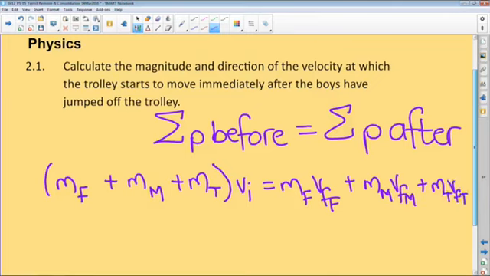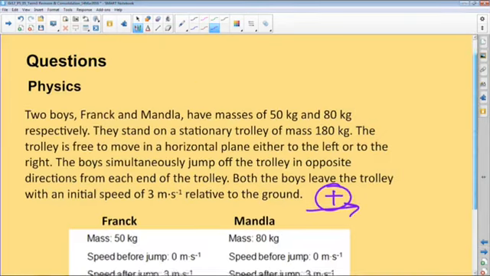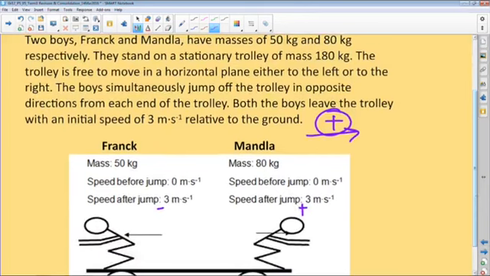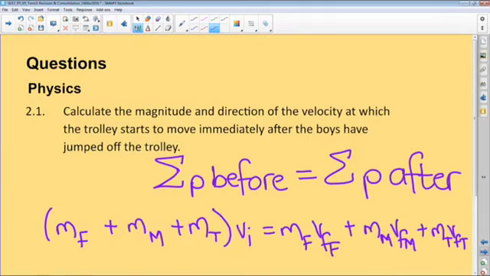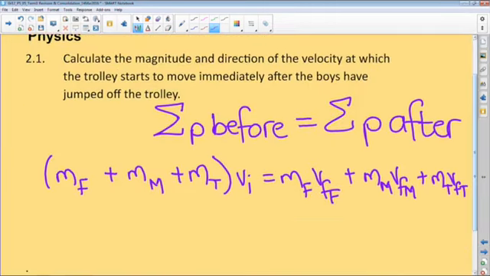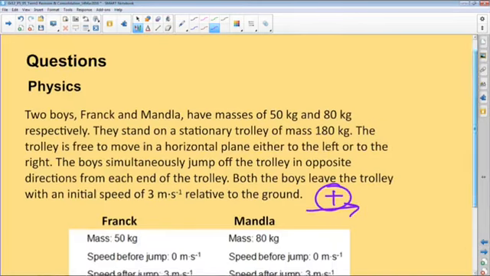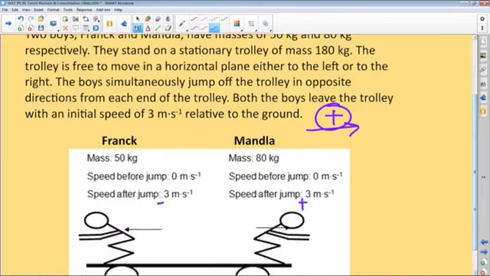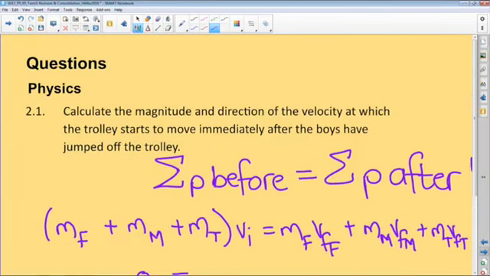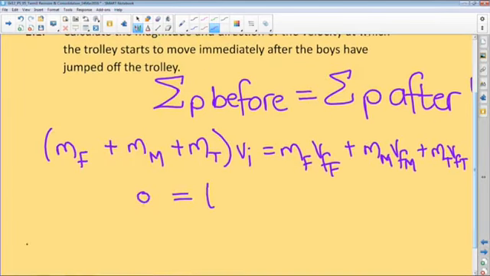Beforehand, when we go back and look at the diagram, they said to us that they were all 0, so that's great. That makes life easier. That means initial momentum is 0. Now, Frank has a mass of 50, Mandla has a mass of 80, so we're going to remember that. So Frank has a mass of 50.